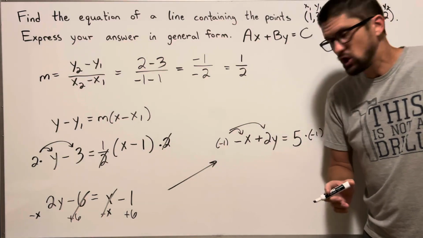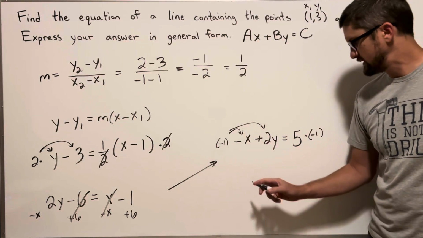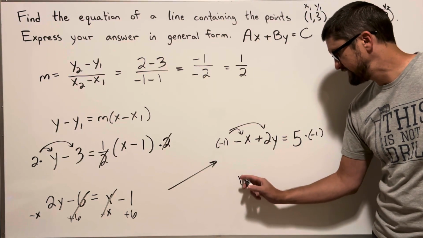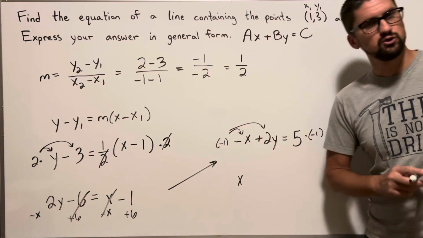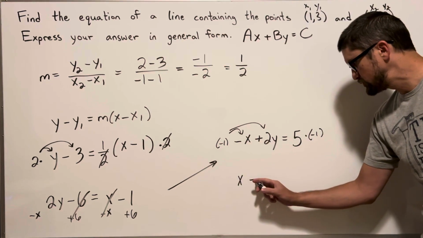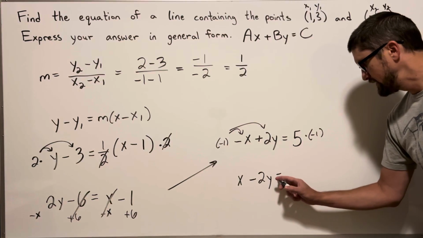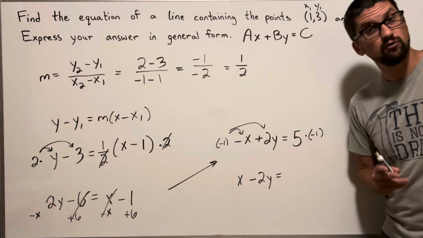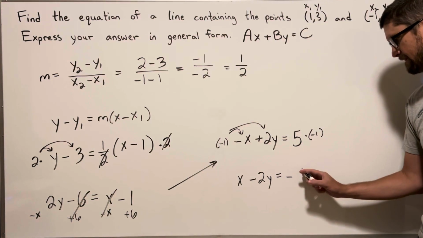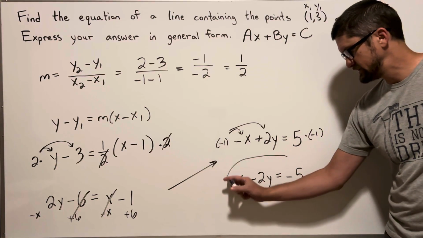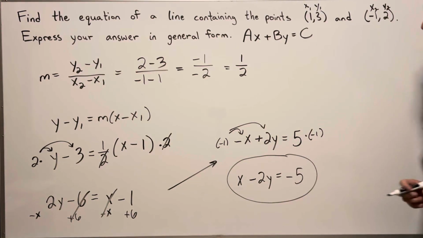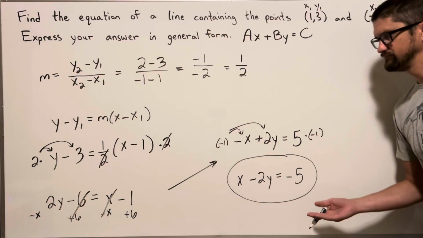Essentially you just change all the signs. Negative times negative is positive, so we'll have a positive x here. Negative 1 times 2y is negative 2y, so we'll have a minus 2y here. And then on the right hand side, 5 times negative 1 is negative 5. So this is the general form. That is the answer. There you go.